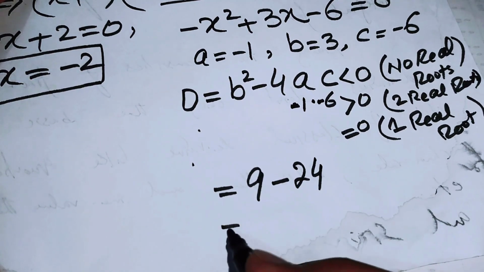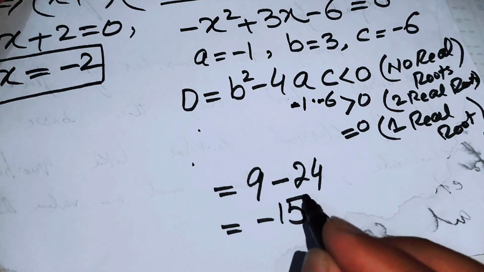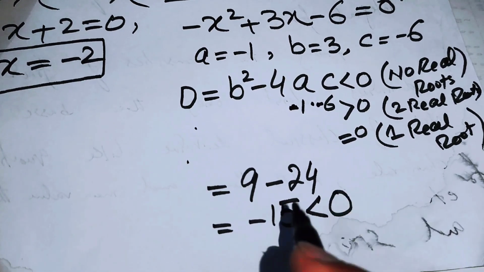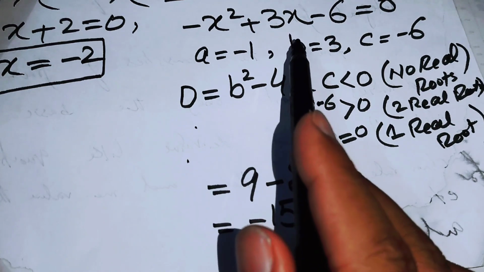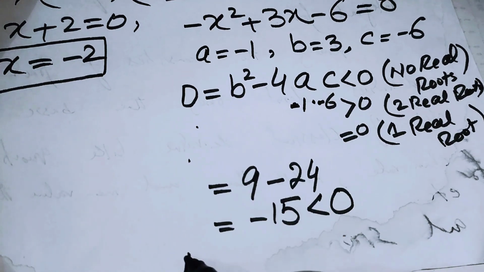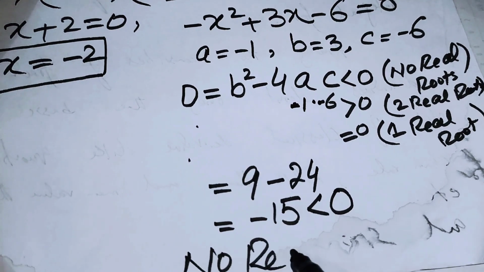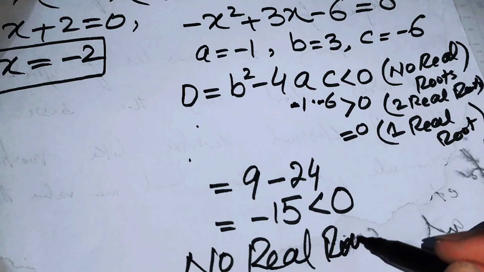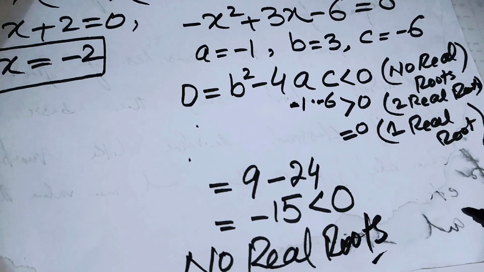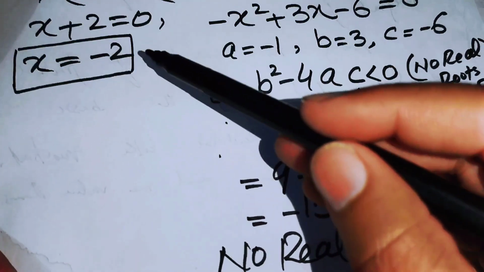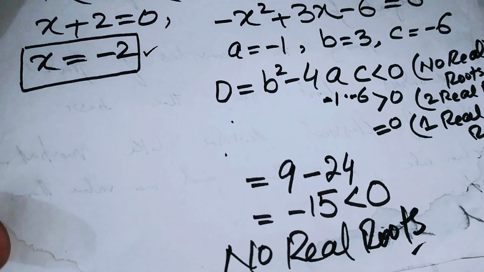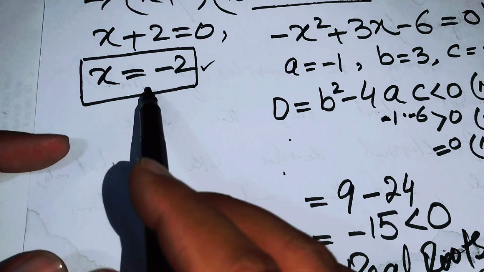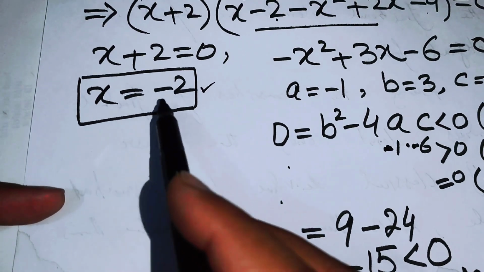So 9 minus 24 is equal to -15, and you see that it is less than 0. So we can say that this quadratic equation has no real roots, so we will reject this case and proceed with the first case only. In this case we have x is equal to -2 as the only solution of the given equation.